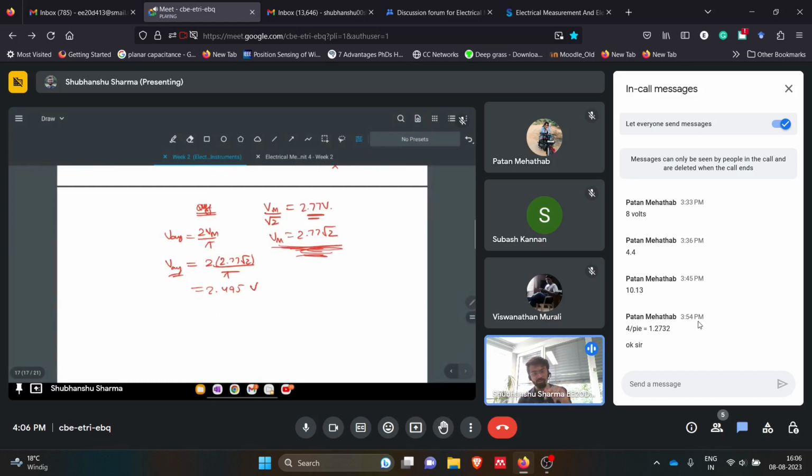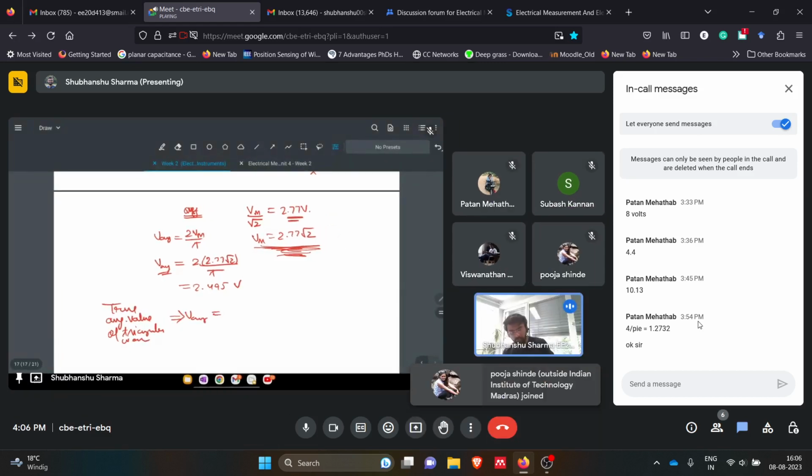Now what is the actual true value of this triangular wave? The true average value of a triangular wave is Vm by 2.